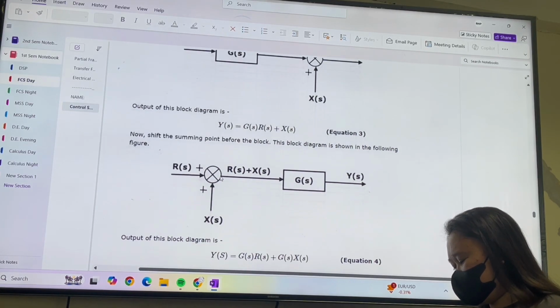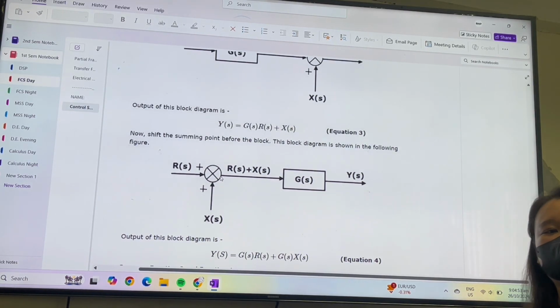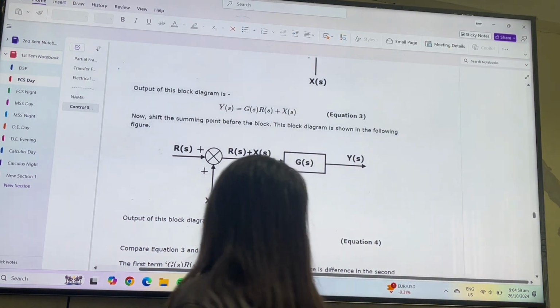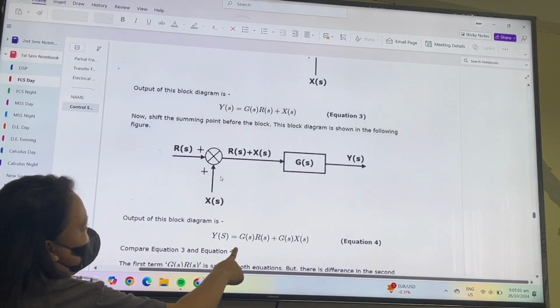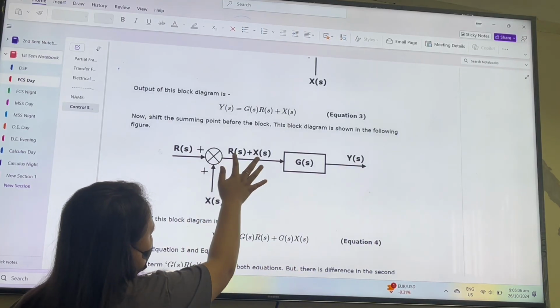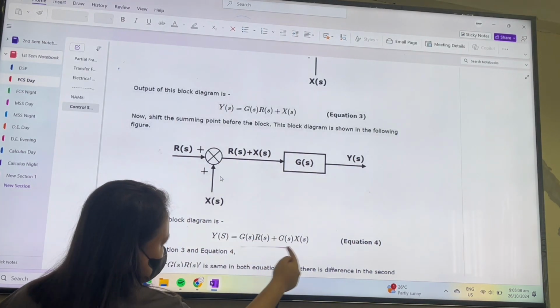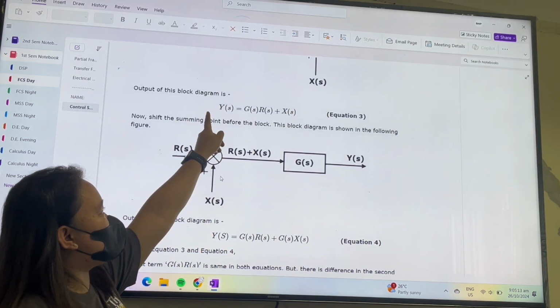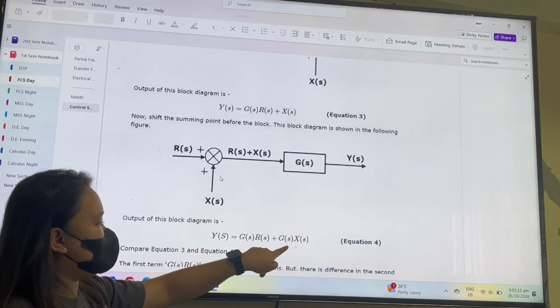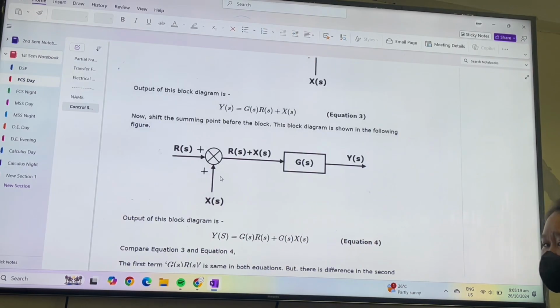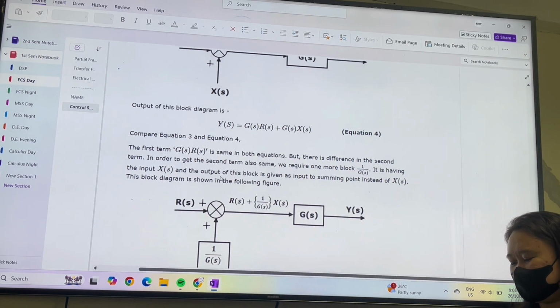Then we shift it before the block. So what happens is GSRS plus GSXS. Multiply, distribute. Now, this one is not the same as this one. It has an extra G of S. So what you do is put a block, but reciprocal.